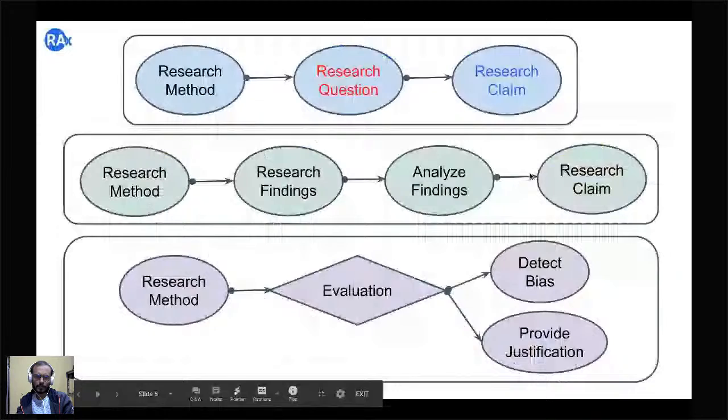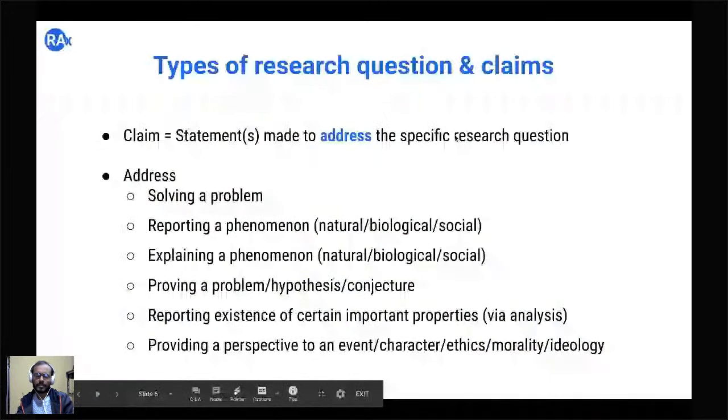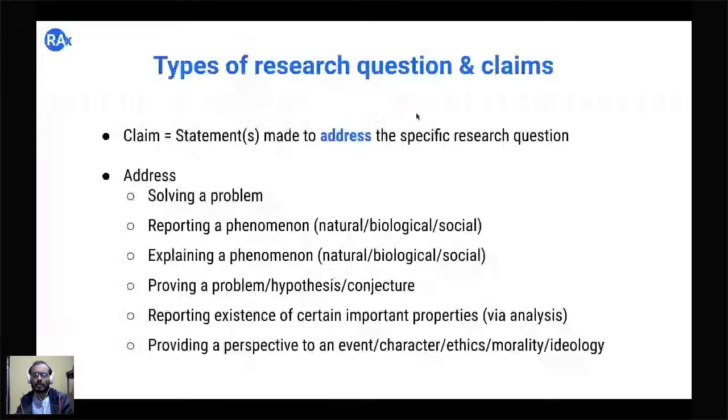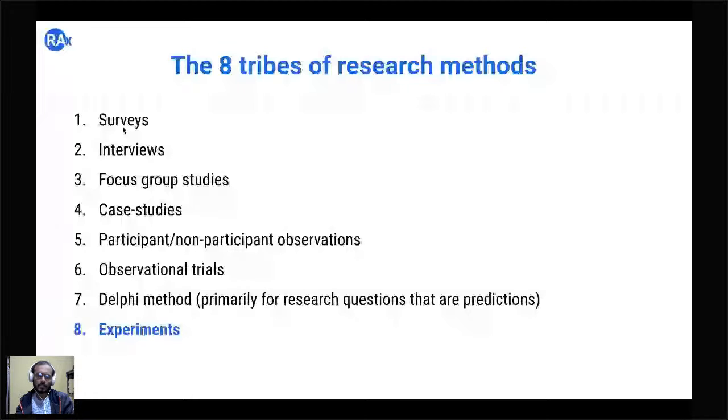Then we talked about the different types of research questions and the claims. And then we showed that based on the claims you adopt and the research question, you will be applying a particular kind of research method or multiple types of research method. And these are the different types of research methods. So we explained the research methods.